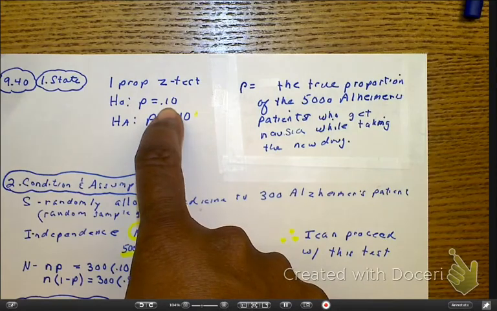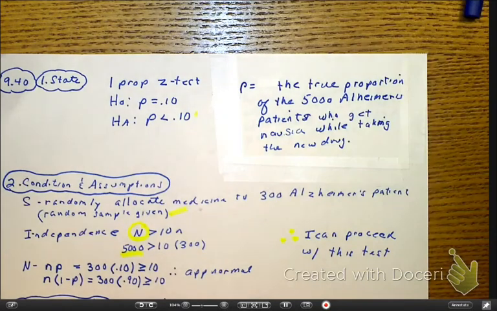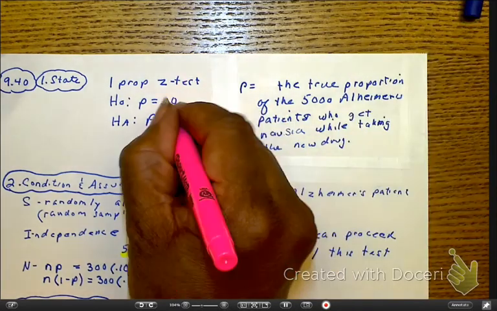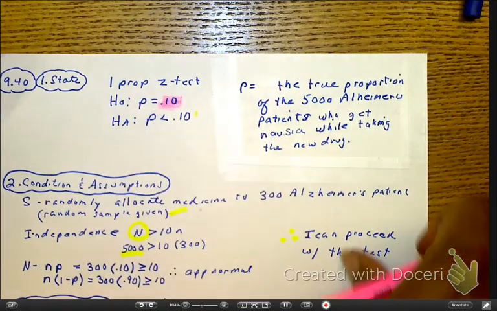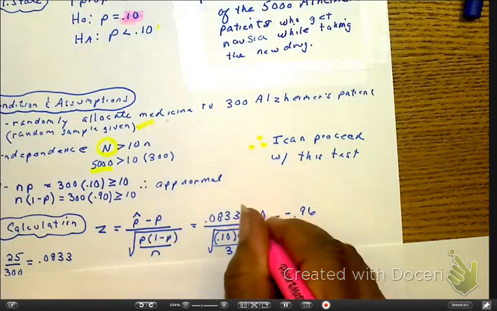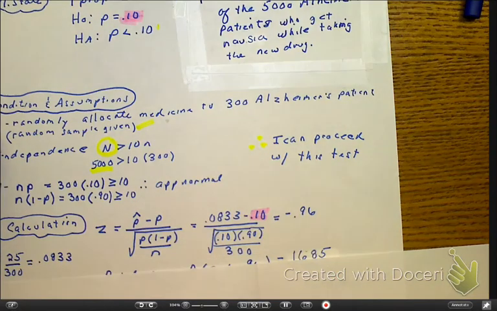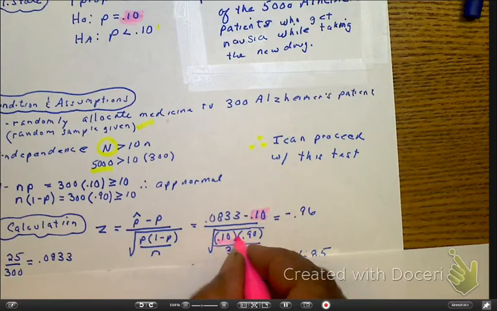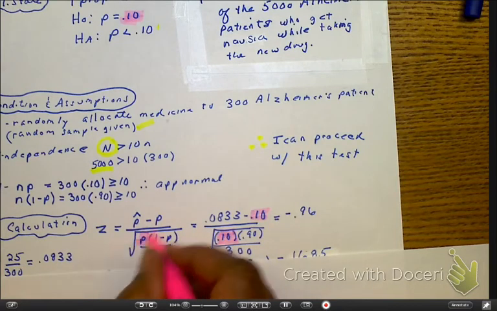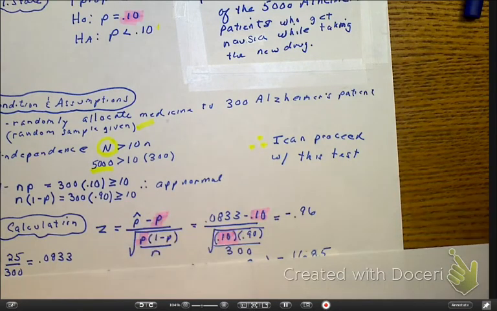So this value is always going to be the same as this value right there, and the same as this right here, because this is all about the population. No hats, no hats, no hats. Take those hats off, people. Then we do the math, and this gives us a z-score of 0.96, and of course that is a negative.